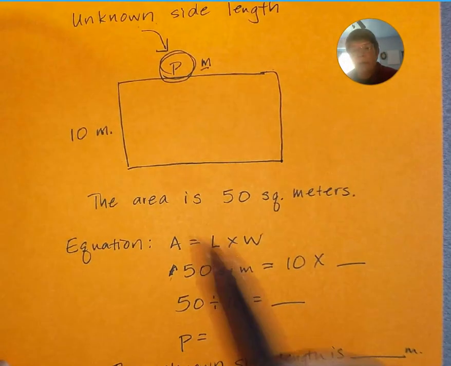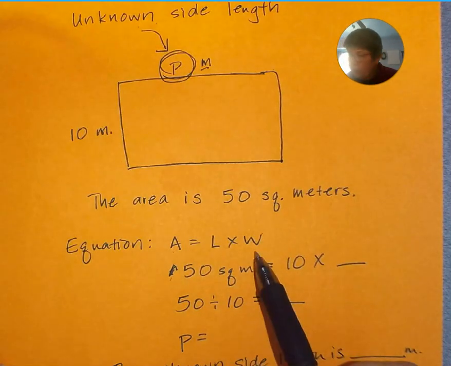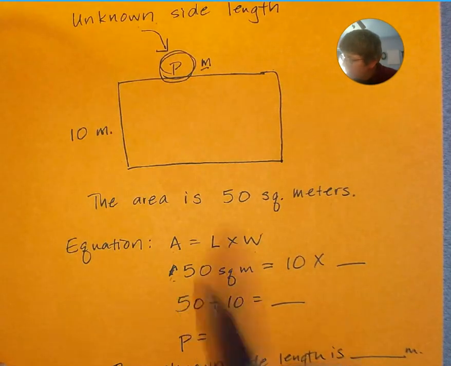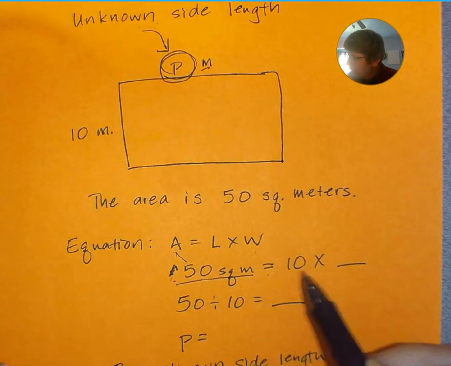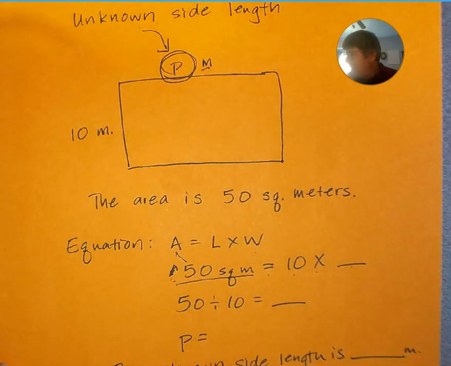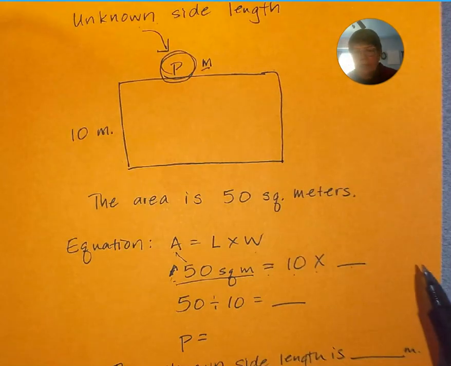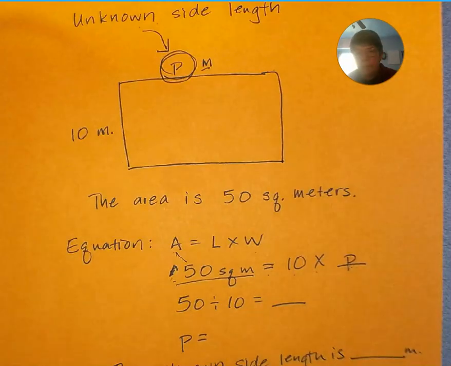Now, we know our formula is area equals length times width. We know our area is 50 square meters, so I can just plug it in over here and say 50 equals length times blank. Oh, and it's actually width, because my width is 10, but like I said, it doesn't matter. So 10 times something. This is my P. I don't know what goes in there.